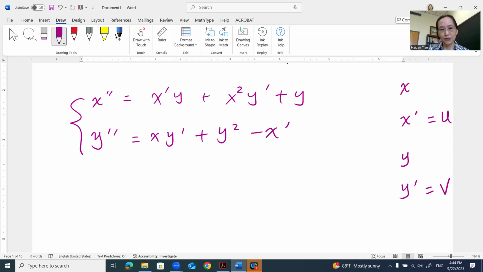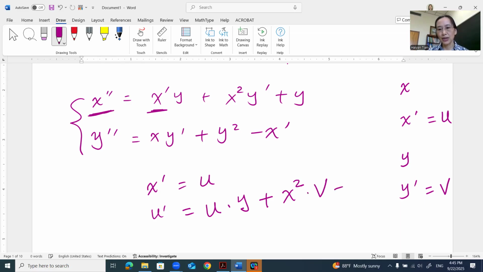So we will have four equations, and the x derivative is u. But the u derivative will be the second order derivative of x. So the u derivative will be a function of the first derivative of x, which is u, and y we keep as is, plus x squared, we still keep that x, y derivative, which is v, plus y.